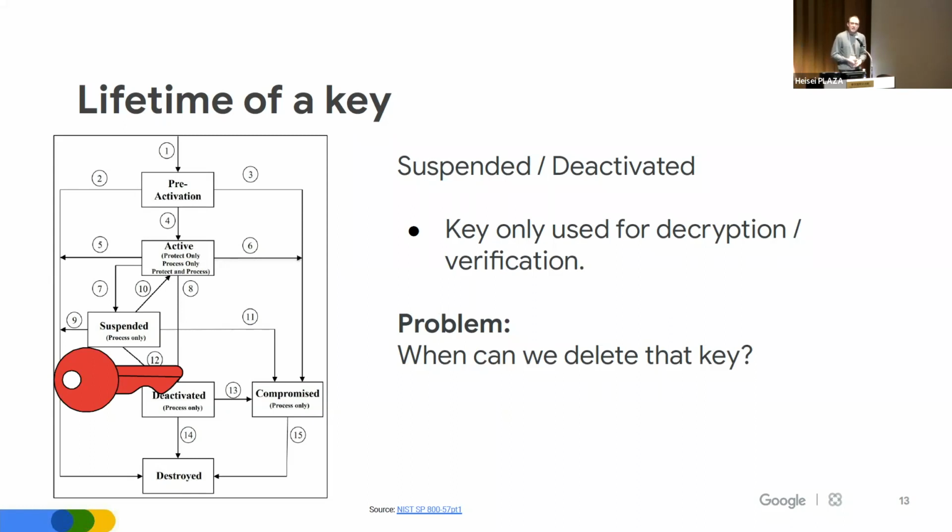The next step in the lifetime of a key is typically that it becomes suspended or deactivated. Here the key is not used to actively encrypt any new data, you only decrypt data with it. But then comes the problem that at some point I would like to delete this key. I don't want to keep keys indefinitely, because this will increase the risk if the key set should ever leak.